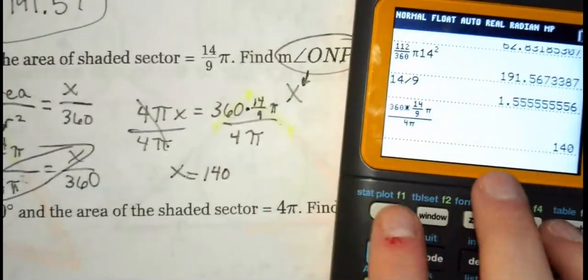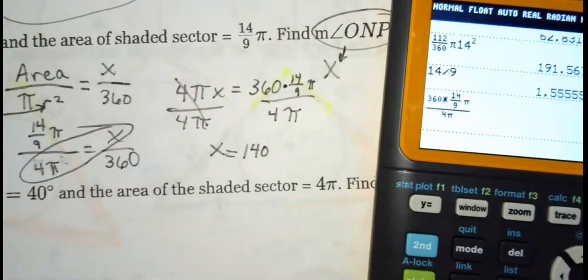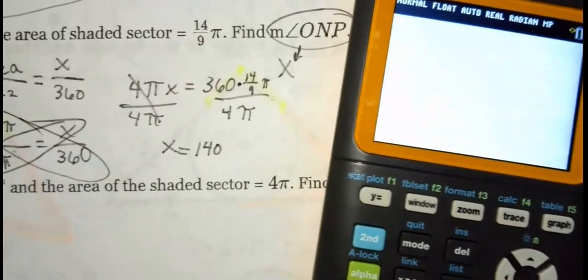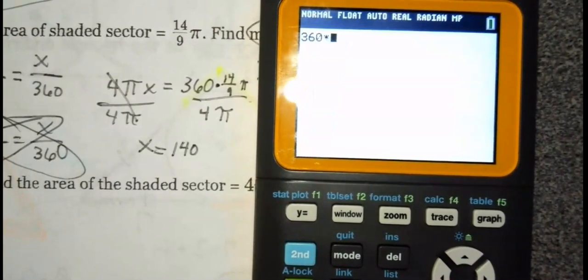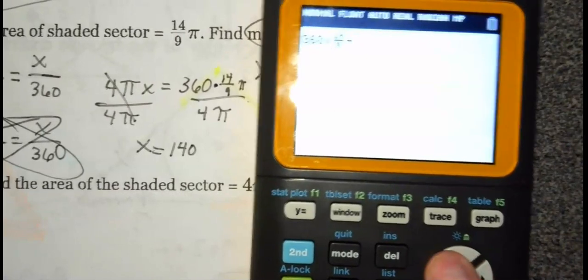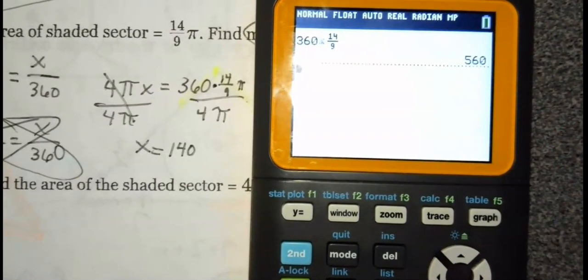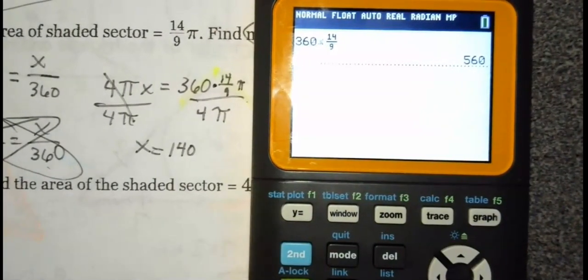If this throws you off, if you're like, okay, what the heck just happened? Like, how did we go from here to here? I'm going to show you another way to do it. When you cross multiply, just go ahead and do 360 times this 14/9. And you can realize that when you cross multiply this, you're going to end up with 560 times pi.